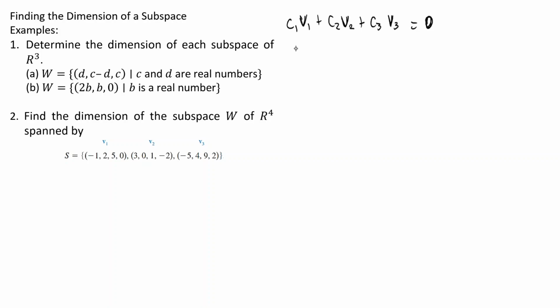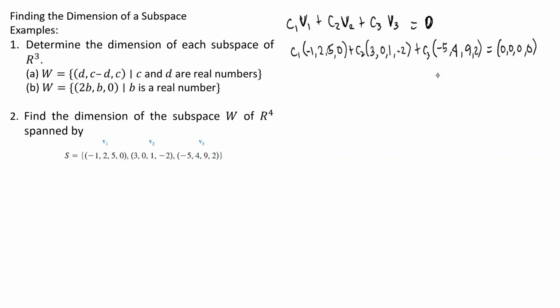So if we substitute the vectors, we have C1 (-1, 2, 5, 0) plus C2 (3, 0, 1, -2) plus C3 (-5, 4, 9, 2), which is equal to the zero vector.